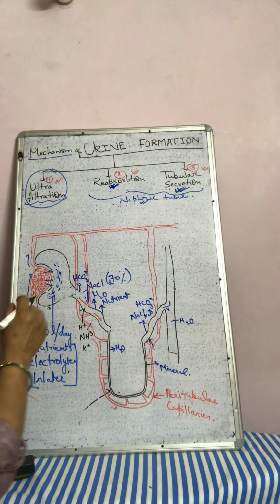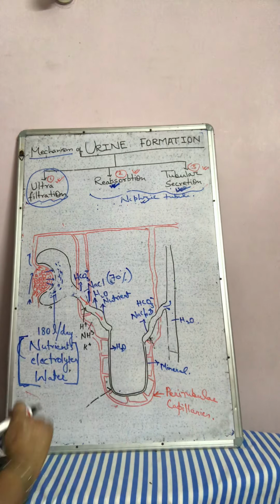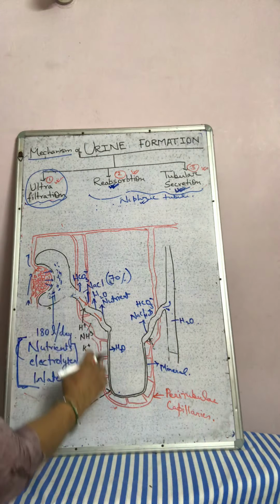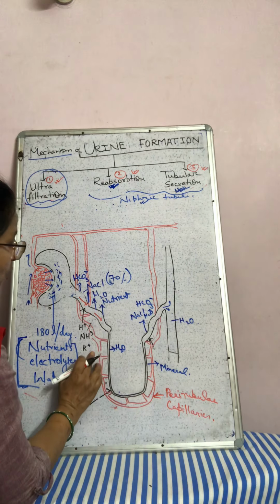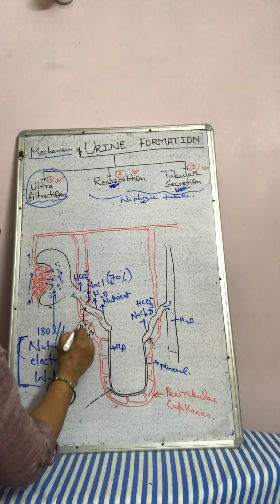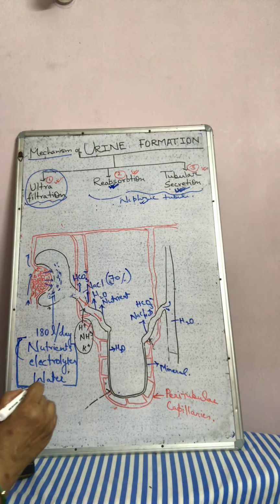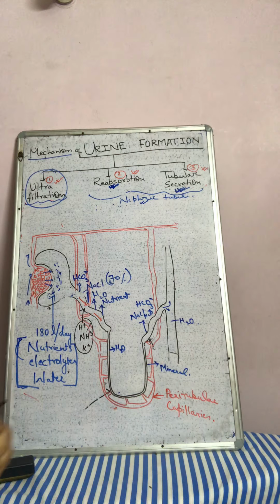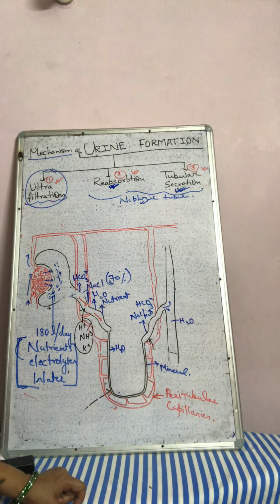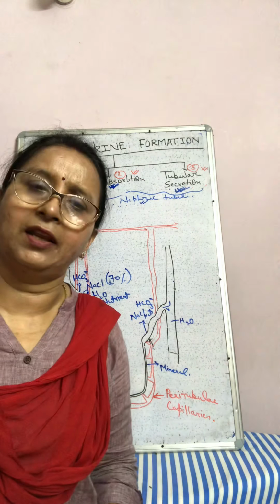These three things are secreted in different parts of the nephric tubule from the peritubular capillaries. For which purpose? So that osmolarity, pH and salt balance can be maintained in our body.